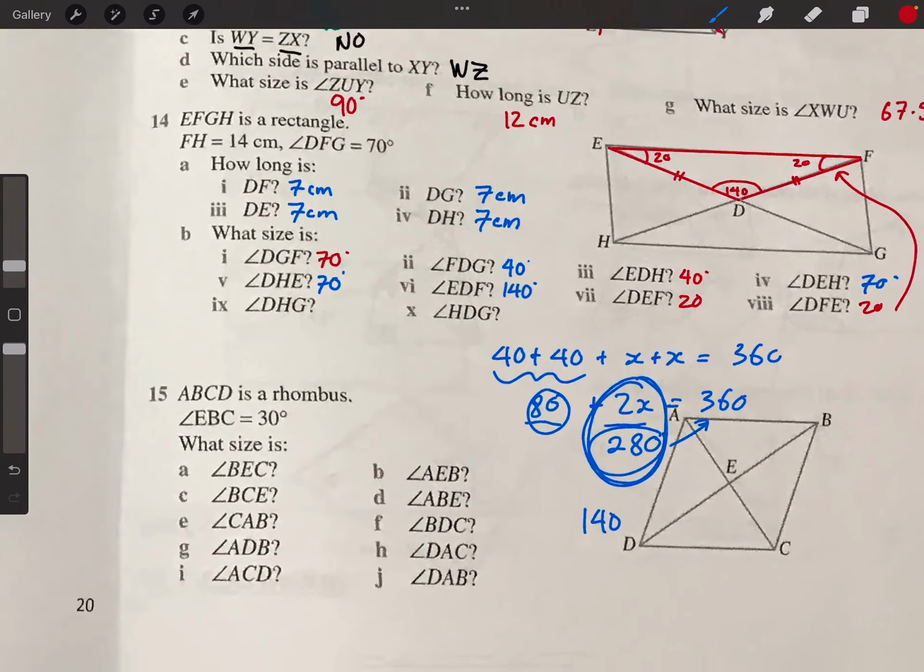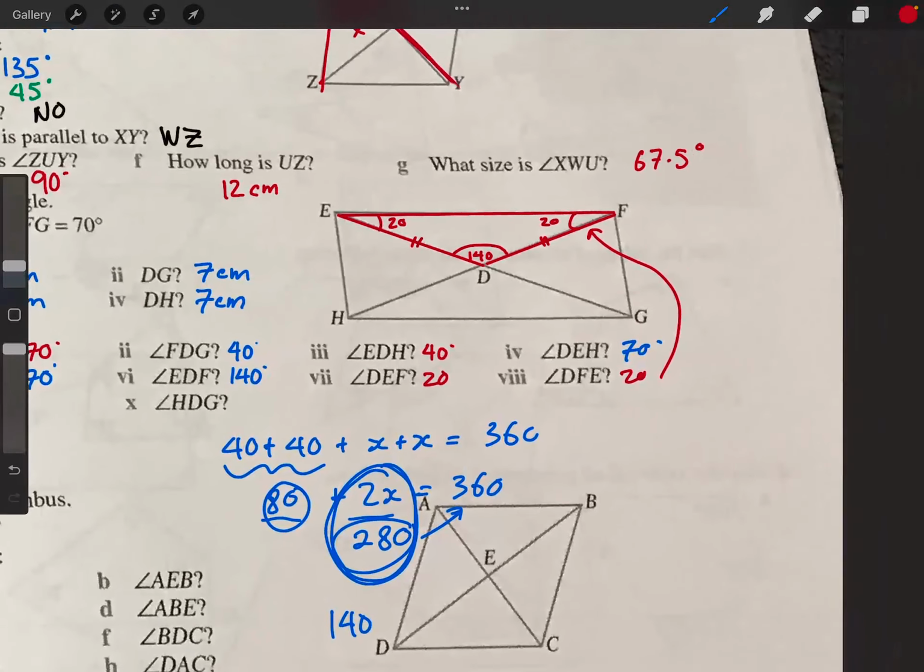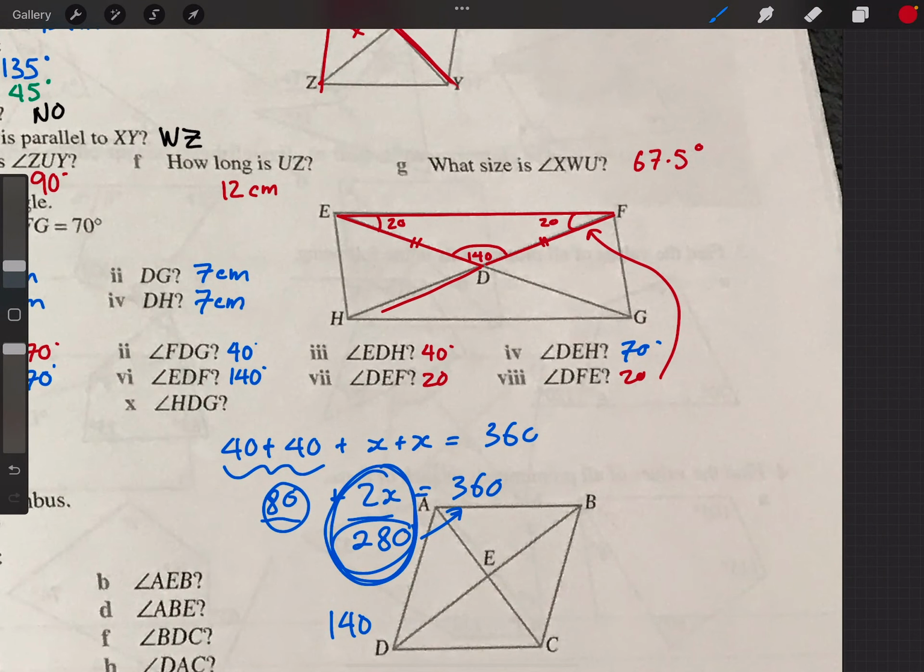Alright, next one is angle DHG. DHG, so this angle here. This angle is also 20. You can also see that the top triangle and the bottom triangle are exactly the same. That's 140, so these are all 20 as well.